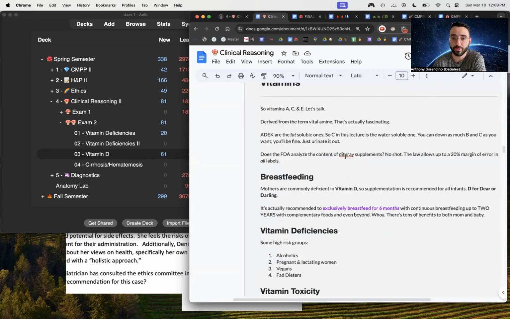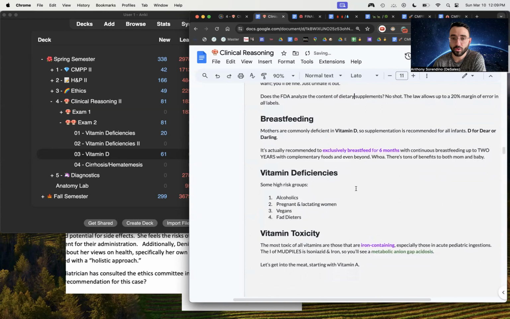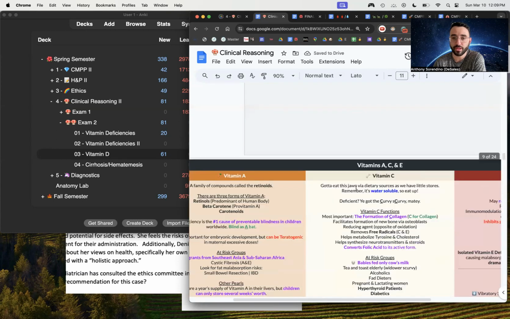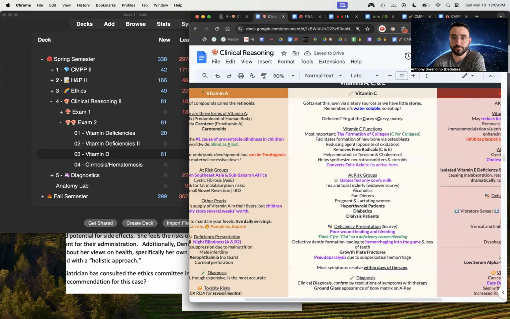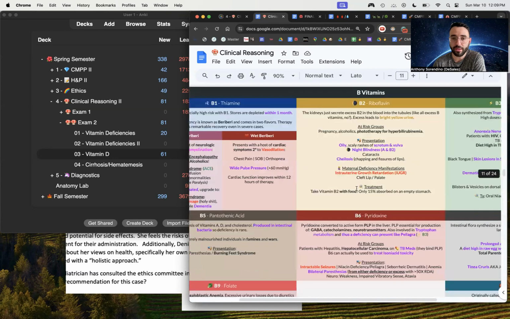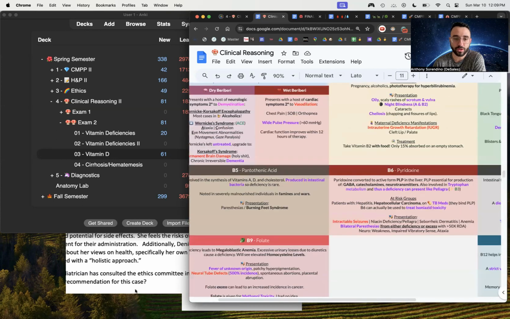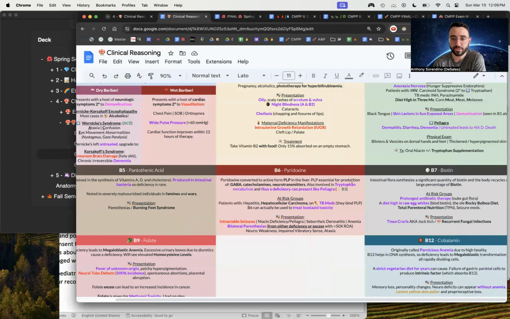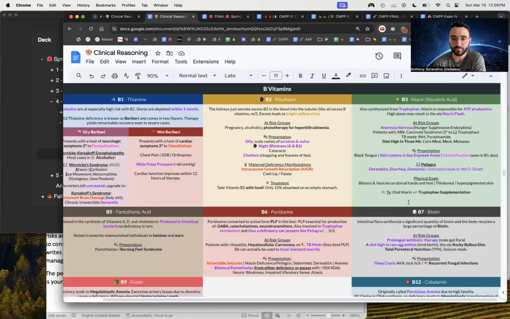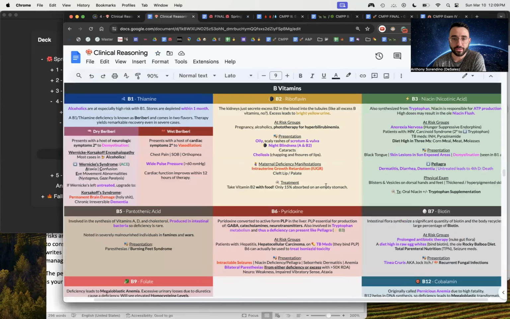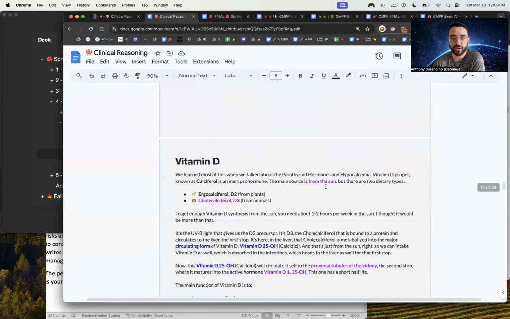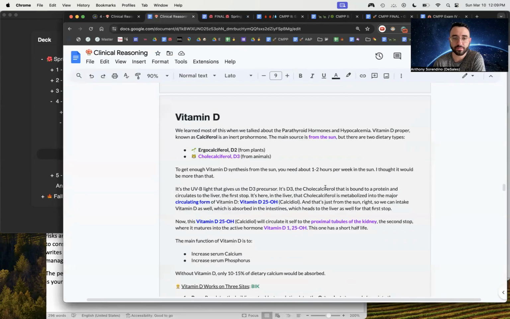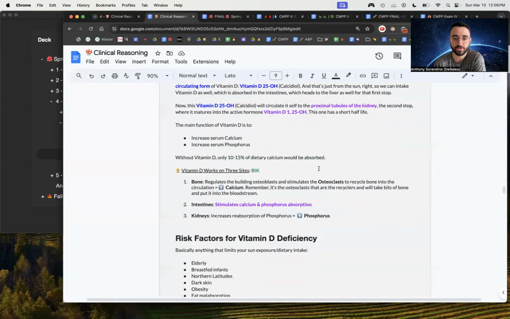There's probably a couple of questions that'll be pulled from the slides before we really got into those. The second PowerPoint is all about B vitamins. So these fit really, really nicely into this matrix here. And then we will go to vitamin D, which we have some kind of Feynman technique notes here.